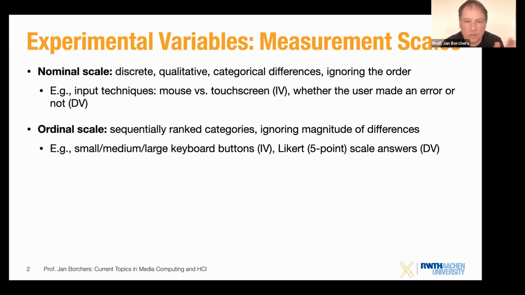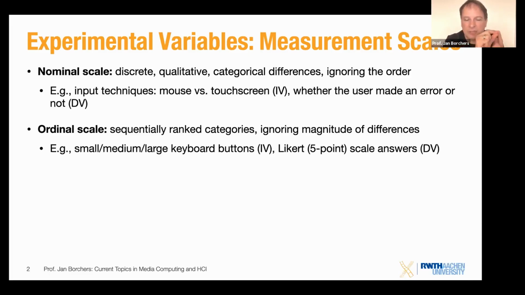So you're not just giving them an open text field, what did you think about the interaction, but you give them a statement, often something like, I had no problems using the prototype. And then you give them a 5-point scale, which is often something like, I fully agree, or I mostly agree, or I'm in between, or I mostly disagree, or I completely disagree. This would be a 5-point Likert scale.